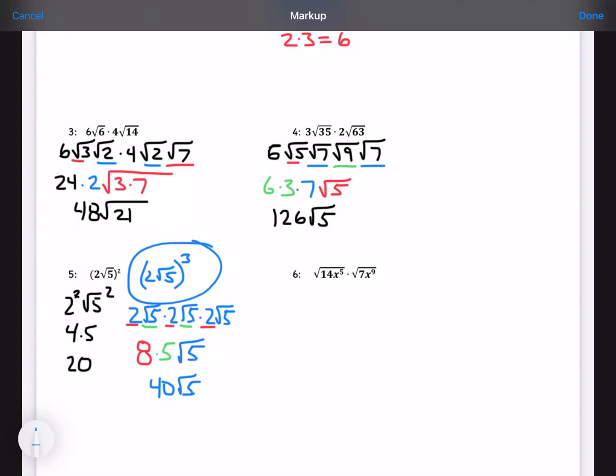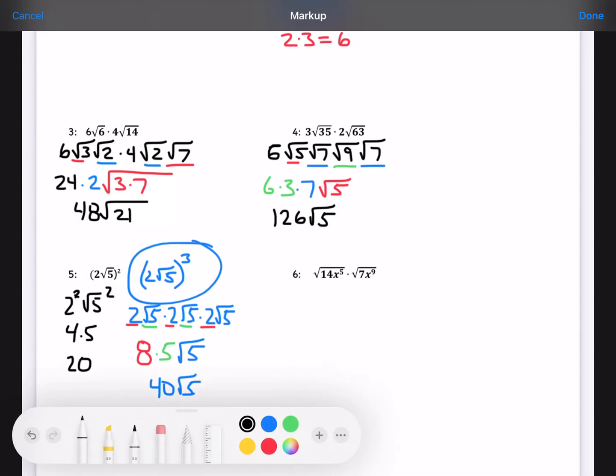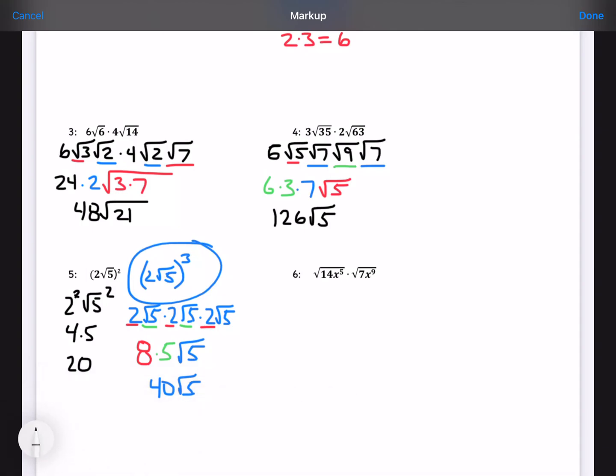And then our final one, number 6: the square root of 14x to the 5th times the square root of 7x to the 9th. So I'm going to break down 14 into 2 times 7. I'm just going to leave x to the 5th, and then I'm going to have a square root of 7 and a square root of x to the 9th.